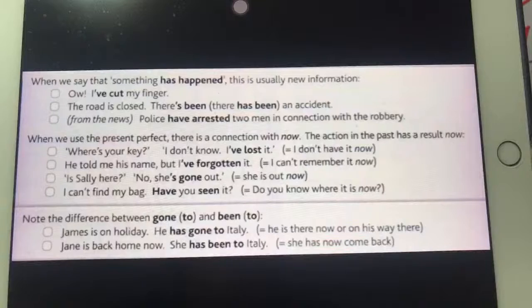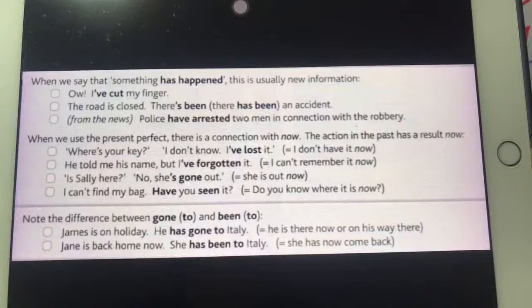Okay, will you please write new information? So there.